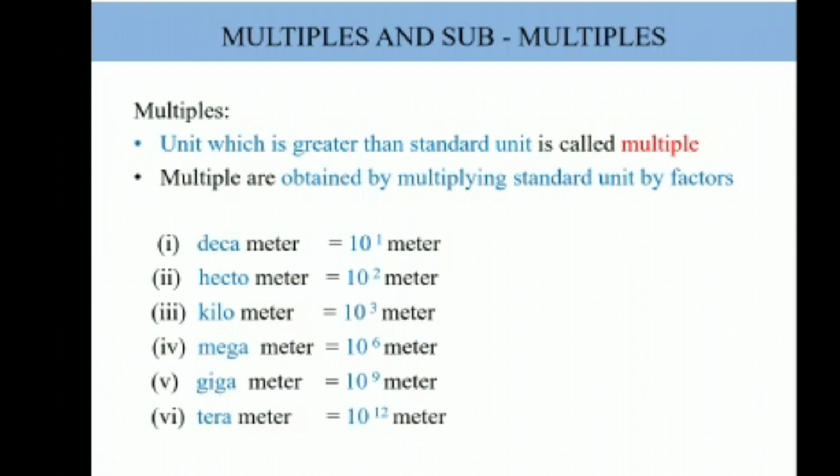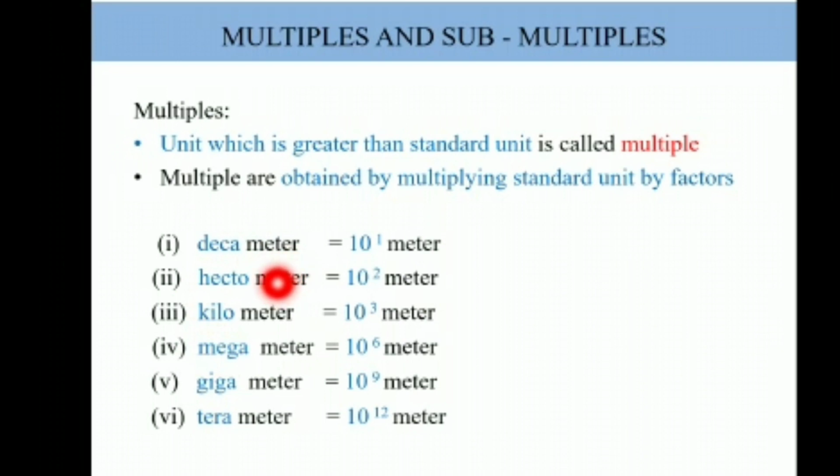So multiples are what we use to measure bigger distances, bigger than the international system of units that everyone follows. Also remember, 10 to the power 1 is called deca, 10 to the power 2 in multiples is known as hecto, 10 to the power 3 is kilo. These are called prefixes because they come before meter.